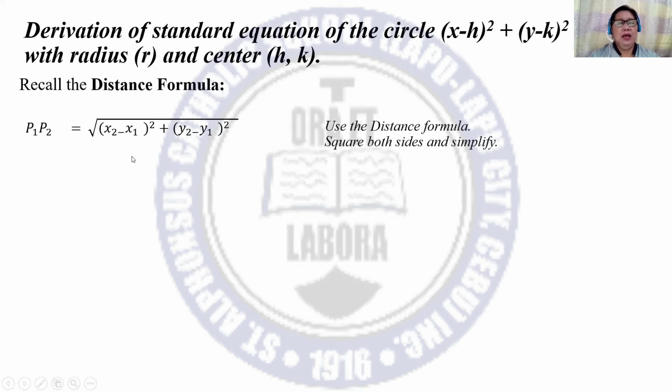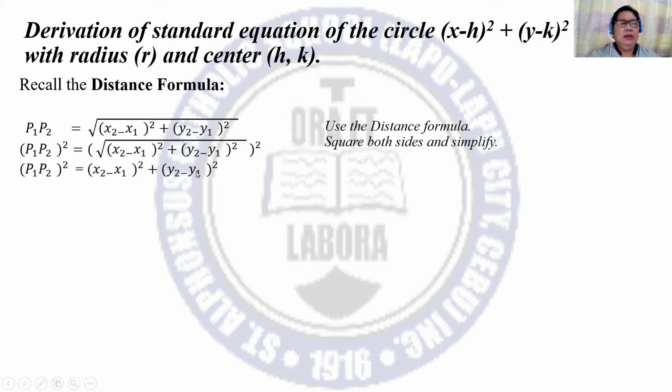Square both sides and simplify. So we have to square this and also the other side. Then here, we can cancel the square together with the radical symbol. So what is left is only this expression.